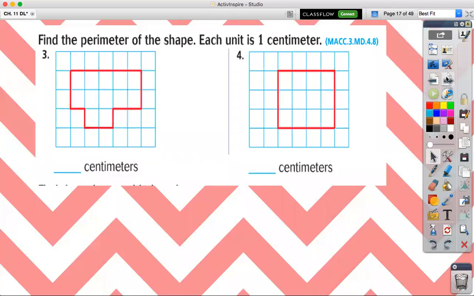Okay, so we're looking at perimeter. Before we left for the break, we were finding the perimeter and the area of our shapes. So remember when I was numbering these boxes to find the perimeter? What was so different about this little part right here?